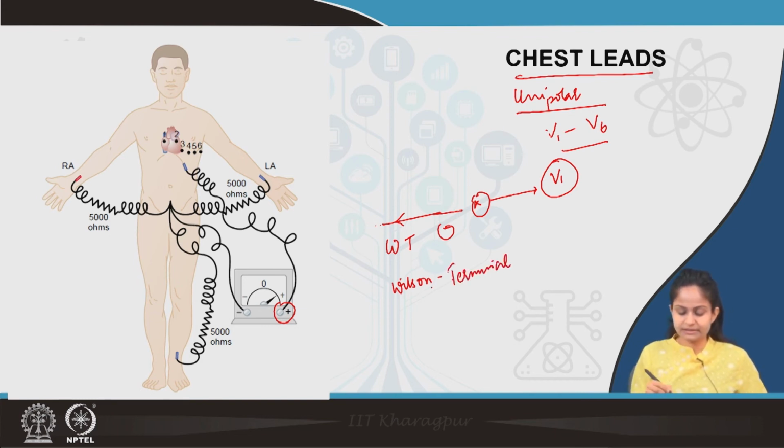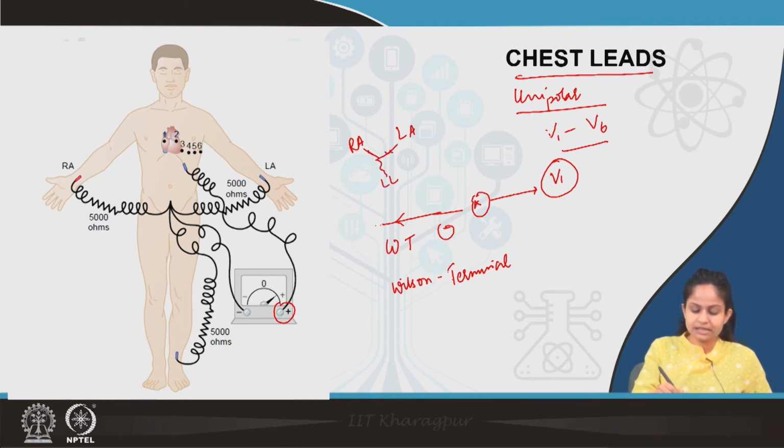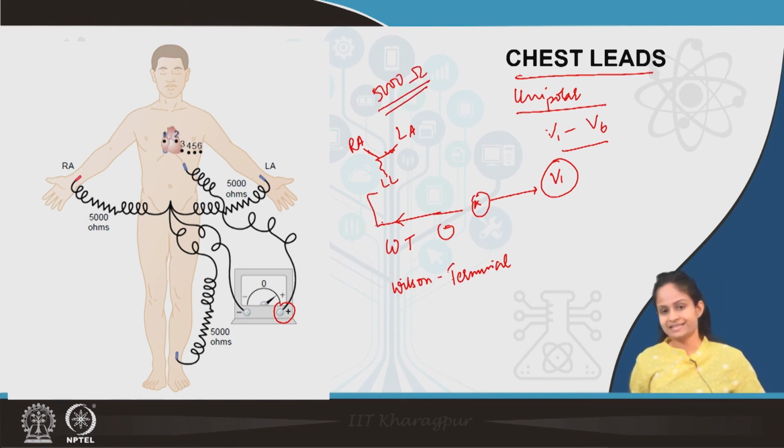Wilson's terminal is a terminal where the right arm, left arm and the left leg electrodes are joined through high resistance of 5 ohm each, and this is connected to the Wilson's terminal, or the negative terminal of the voltmeter.